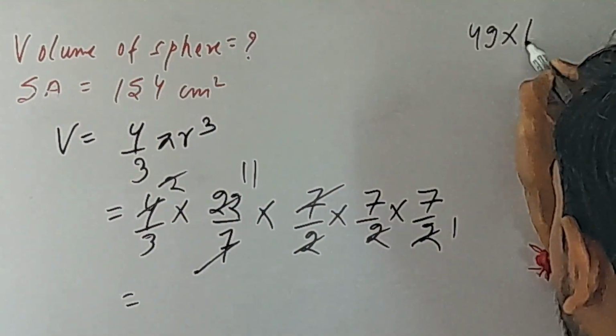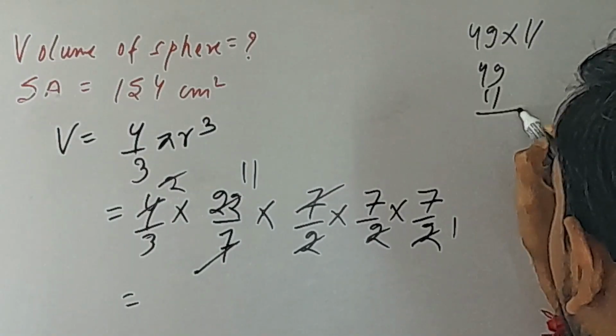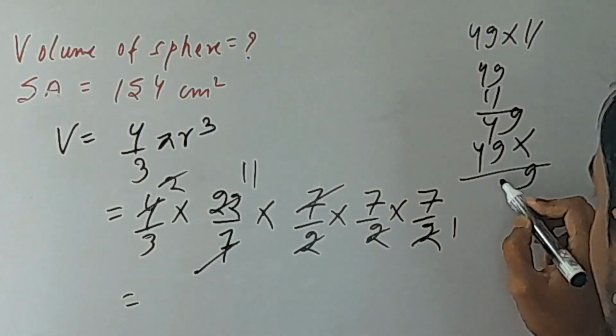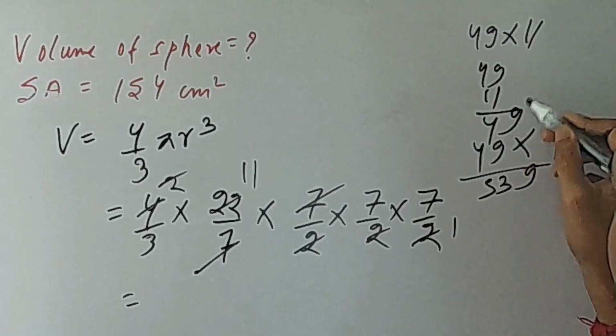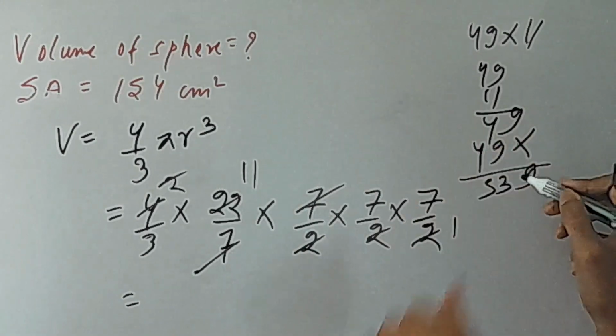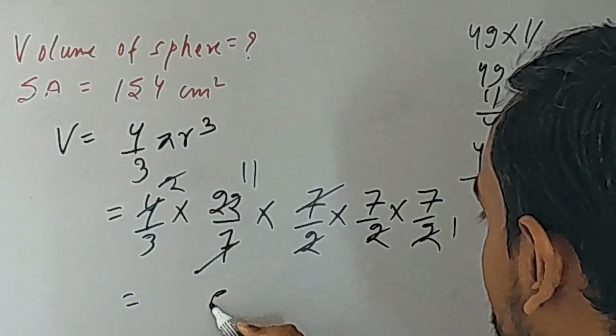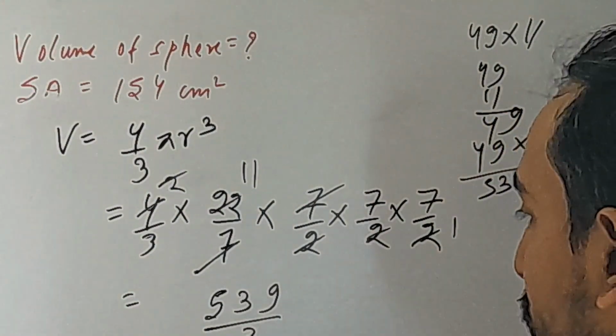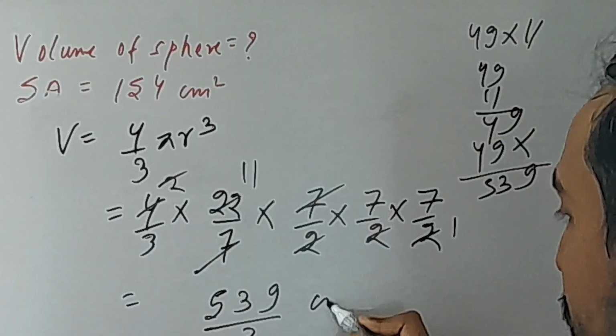How will you multiply this? 49 into 11 comes out to be 539, so the answer is 539 by 3. This is the volume of the sphere.